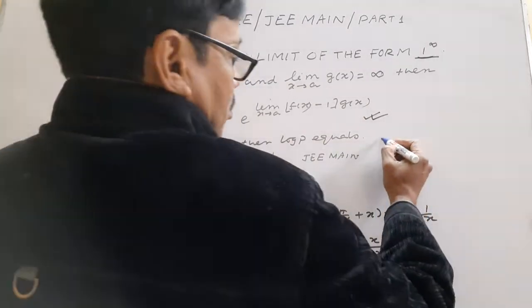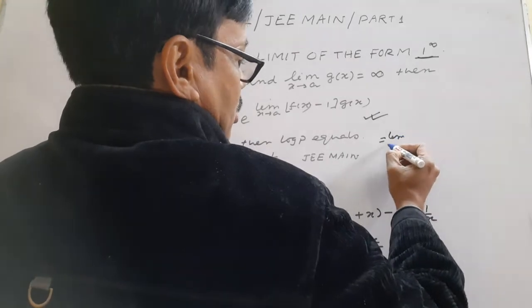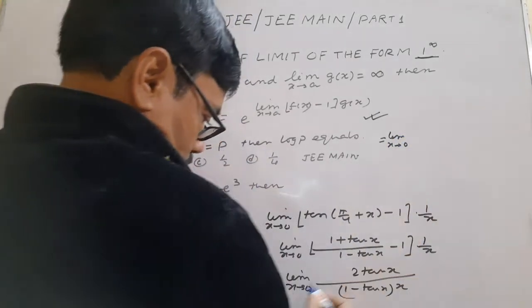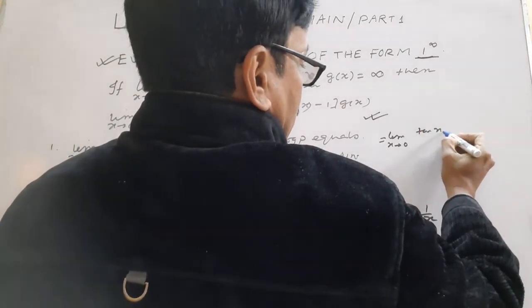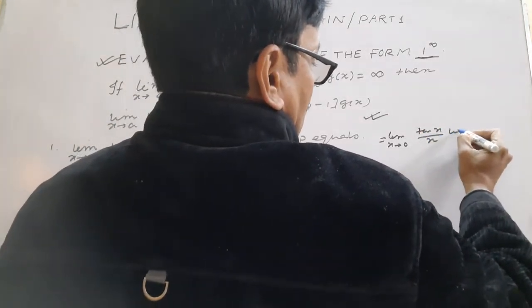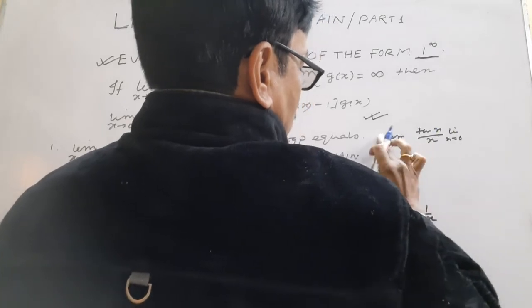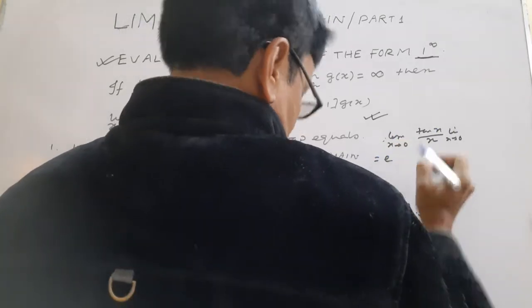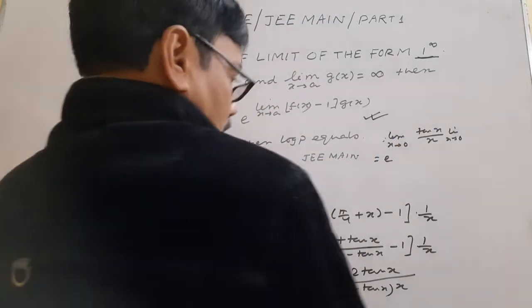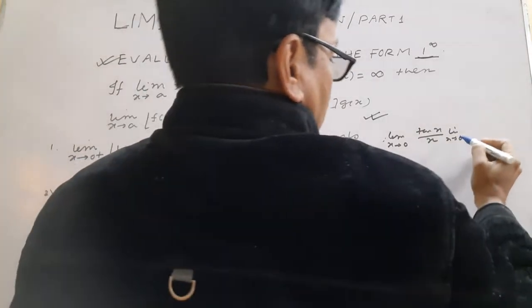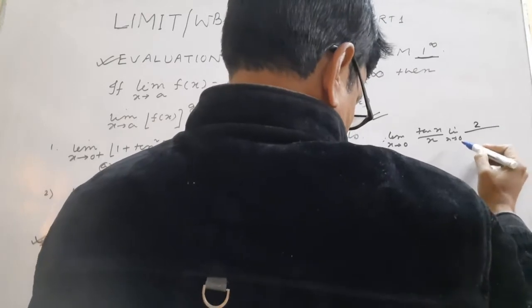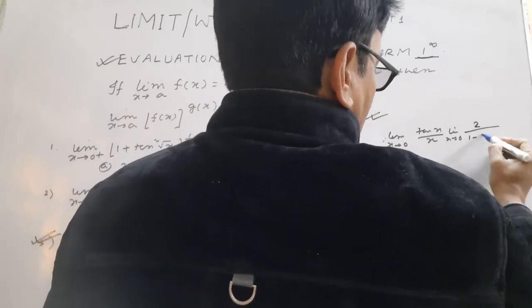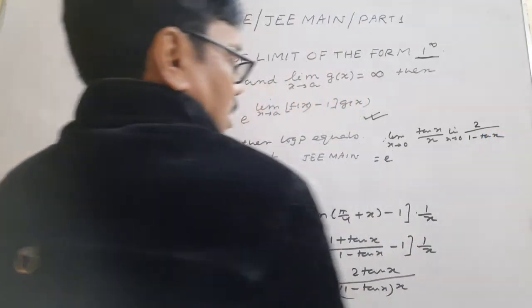Now next step, this is limit x tends to 0. So tan x by x, this is 1, and e to the power, obviously, limit x tends to 0, 2 by (1 minus tan x).